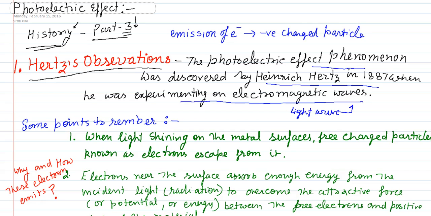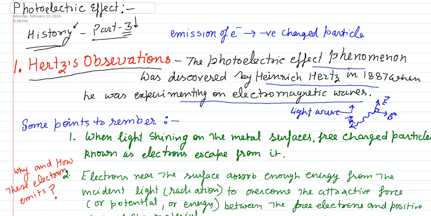Electromagnetic waves are those waves in which the electric and magnetic fields are perpendicular to each other. If the electric field is along this direction, the magnetic field will be perpendicular to it, and also perpendicular to the direction of propagation, which you can define by the wave vector k.